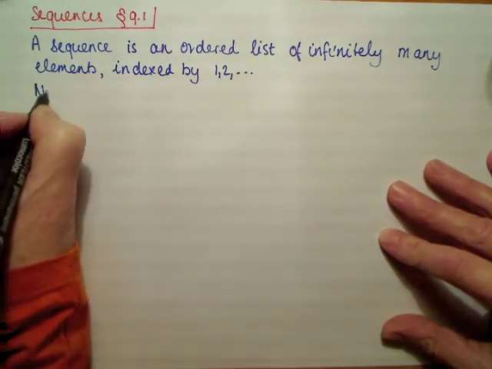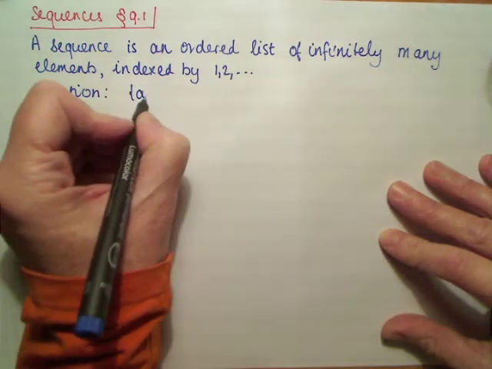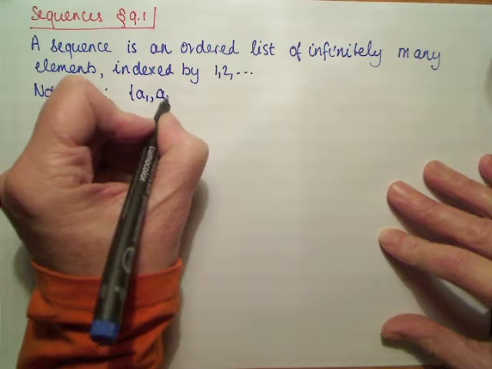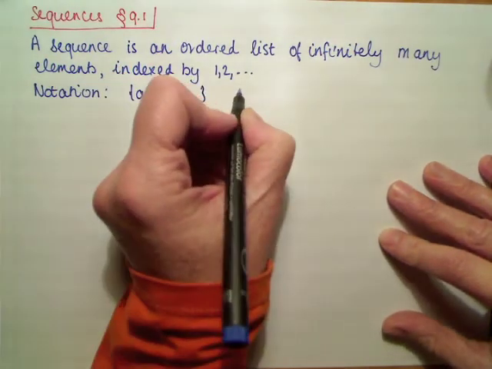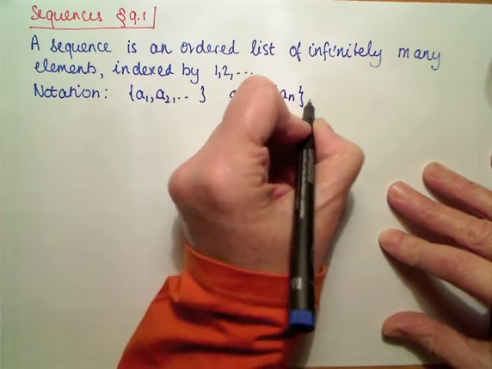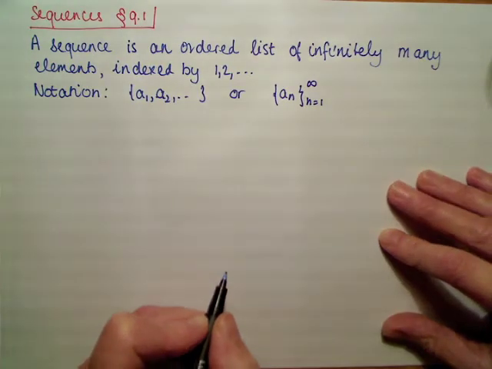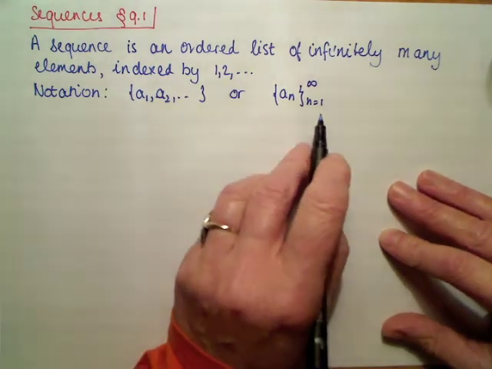Now, the notation that we generally use is as follows. So we can write a sequence as A1, A2, and so on, or more compactly by A indexed by n, where n ranges from 1 to infinity. Of course, we can start the sequence by n equals 0 as well.